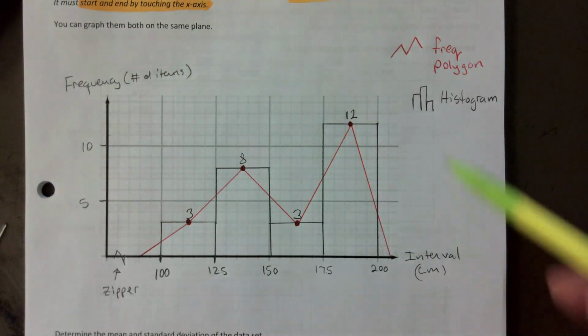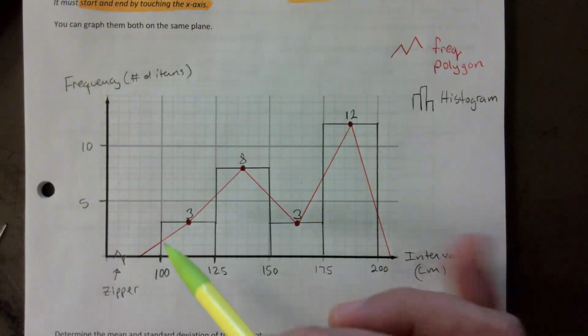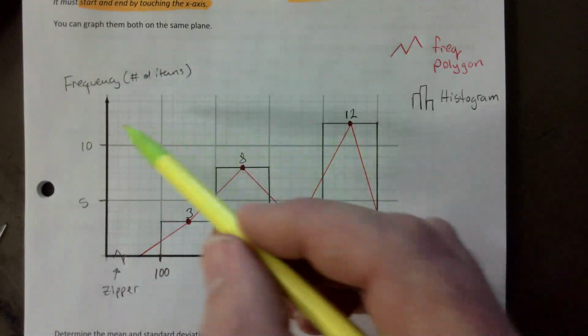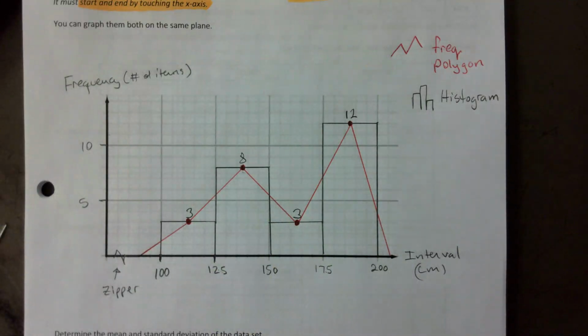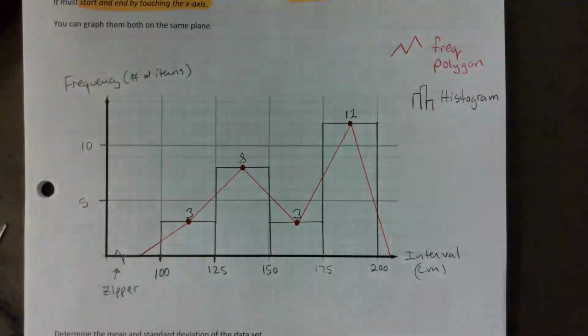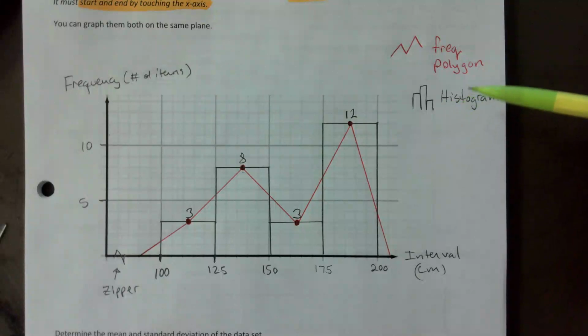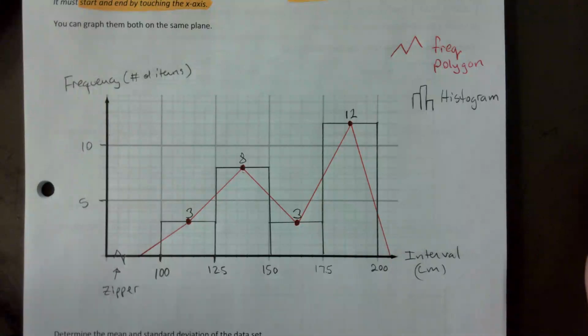If you did not want to start with a histogram, you want to go straight to the frequency polygon, then you kind of have to find the midpoints, right? And connect them like that without doing the bars, of course. But I would say, why not do both? And then you just have to make sure you tell me on the side here which one is which. And then you've got them covered.